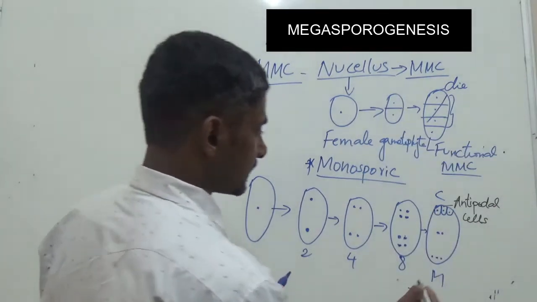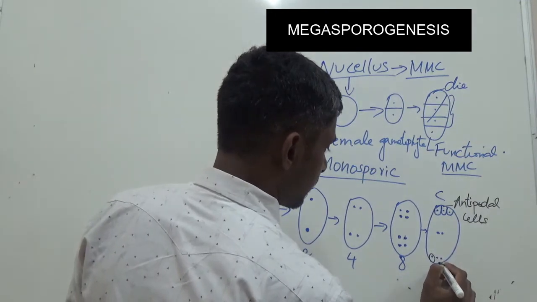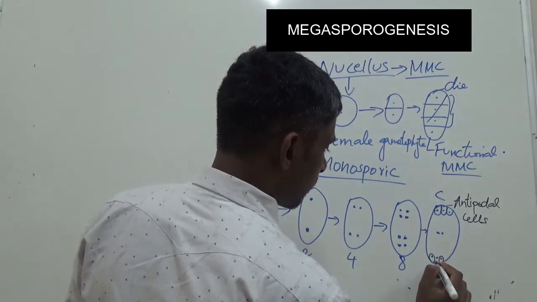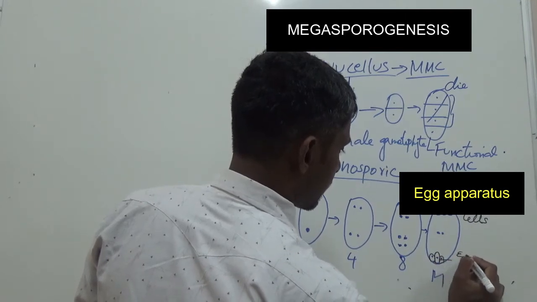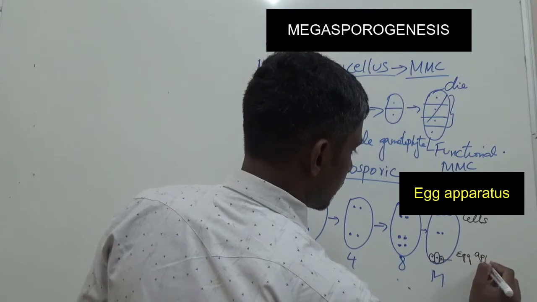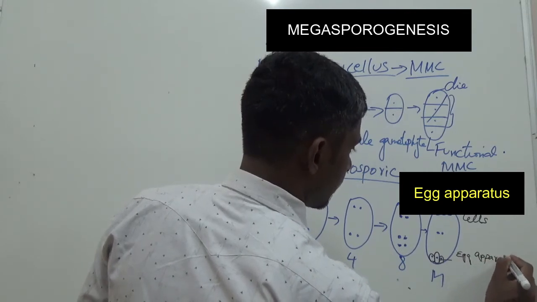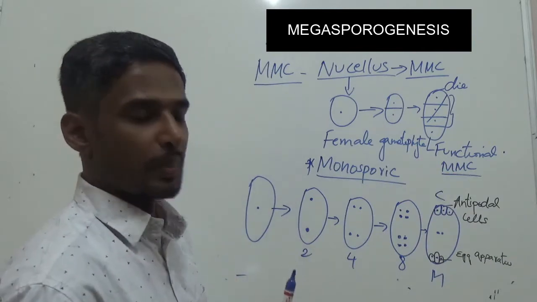And similarly, the 3 nuclei here will be surrounded by cell wall, and this entire thing is called the egg apparatus. That means this egg apparatus will contain 2 types of cells.